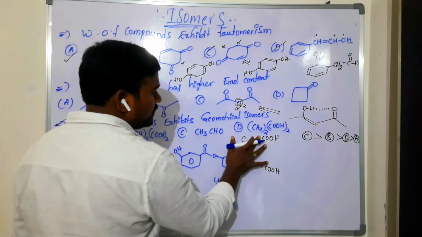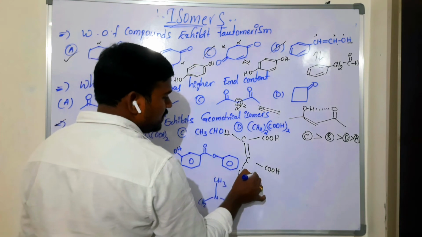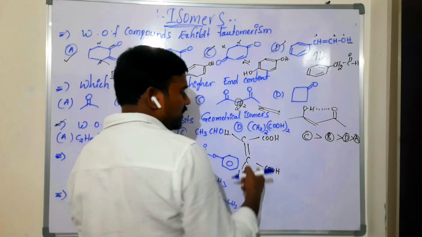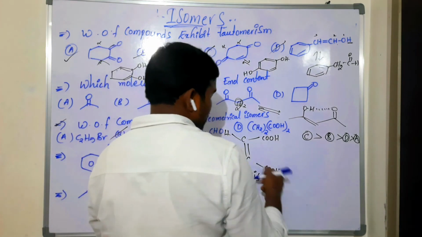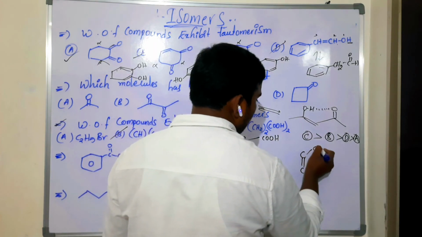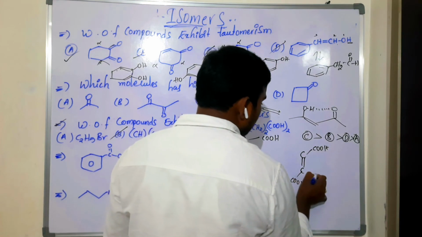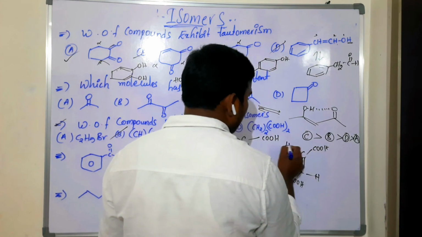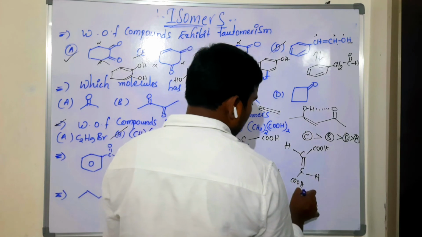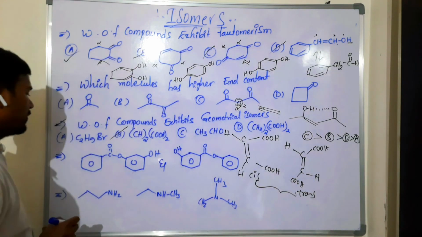It is a cis form, maleic acid, and the next one is fumaric acid. If the COOH acid groups are present in opposite directions, it is called fumaric acid. This is the trans compound. These two are cis-trans geometrical isomers.